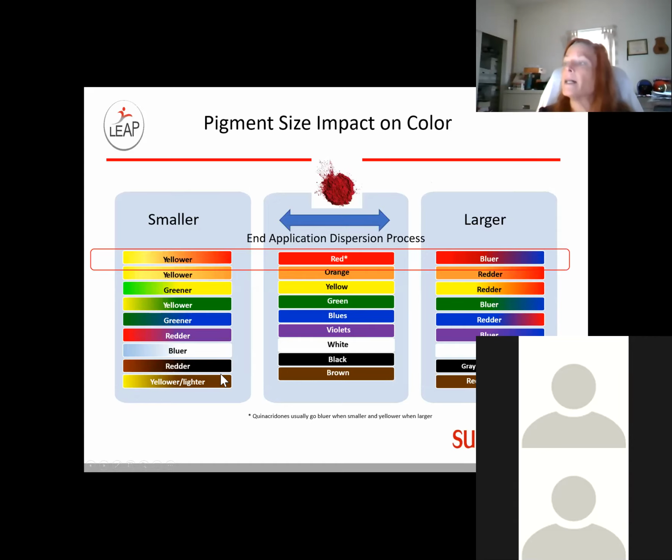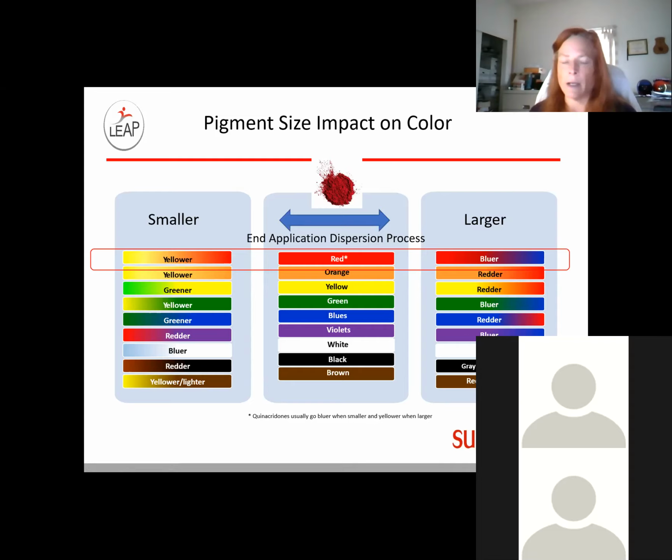We've seen this slide before in previous editions. This refers to the end use application dispersion process and how you can manipulate that dispersion process to manipulate the color.